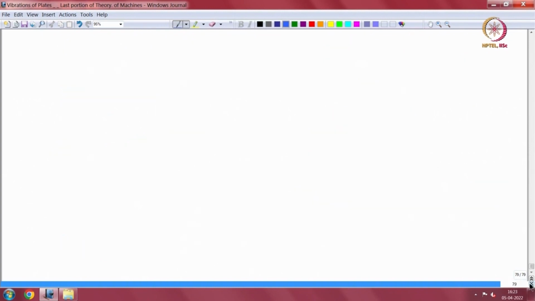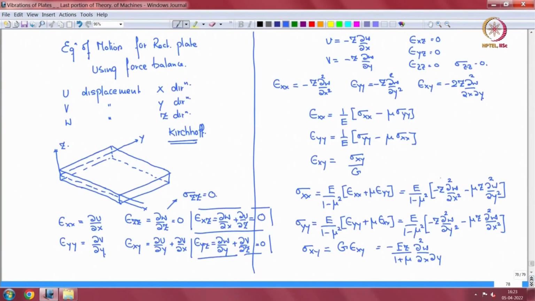Now we go for the moment resultants, okay, the moment resultants. One thing I want to mention here is that everything is a function of z. Z comes in everywhere here, okay.